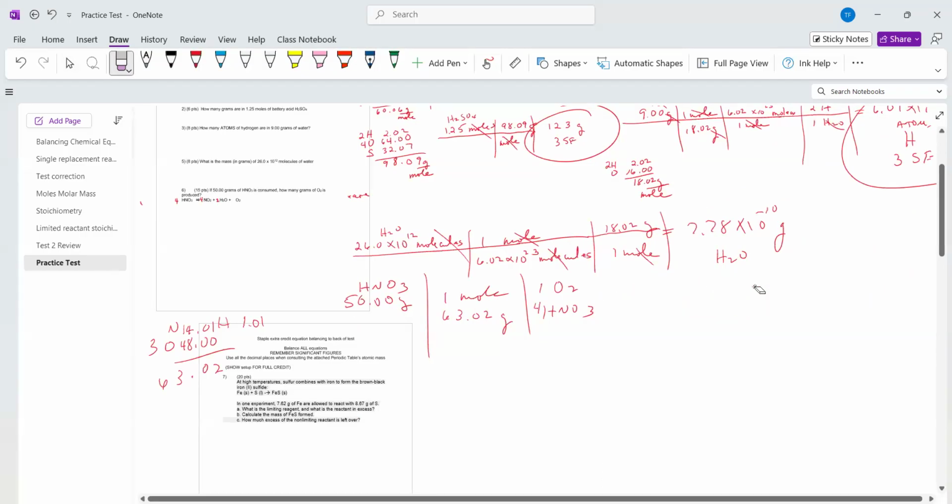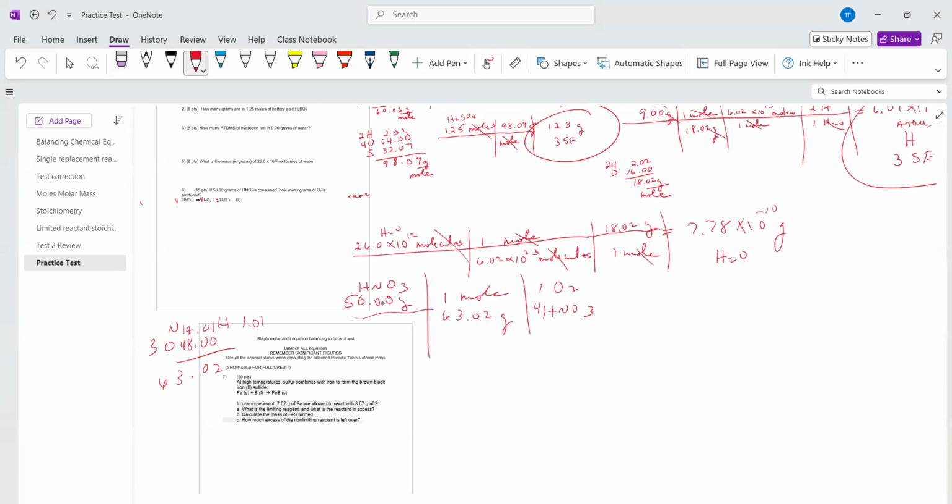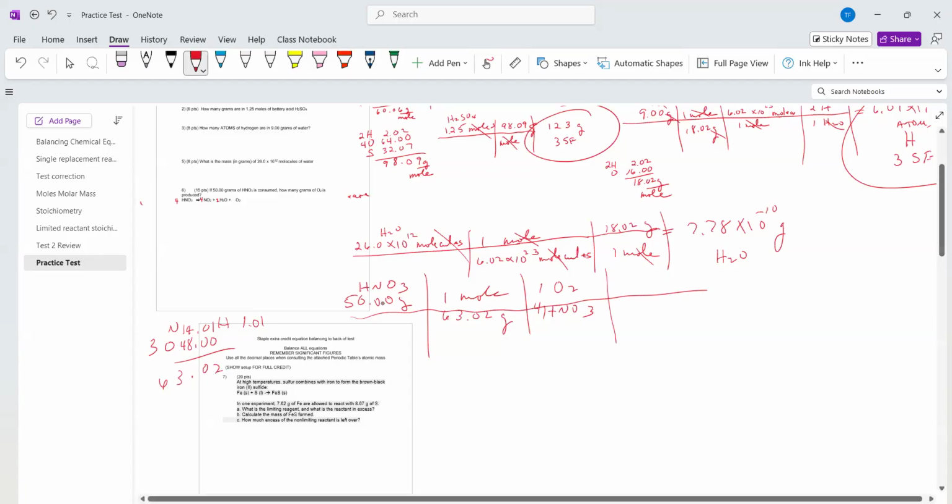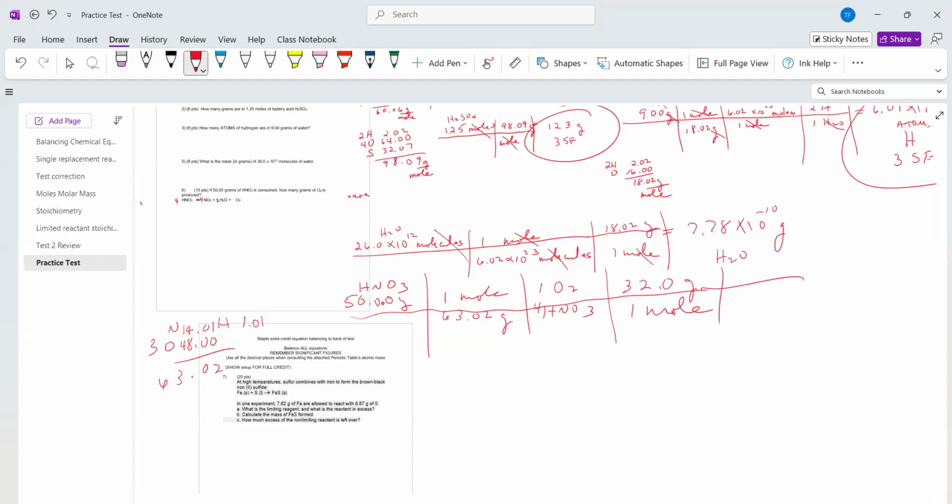Put it away. Okay, now we need to convert to grams. So that's going to be 32 grams per 1 mole for O2. So we've got grams cancel, moles cancel, HNO3 cancel, leaves us with grams of water.